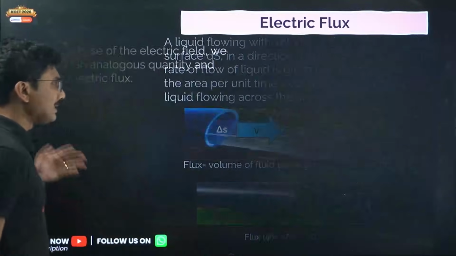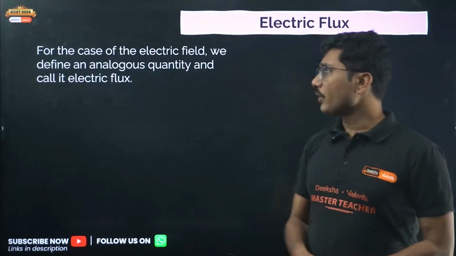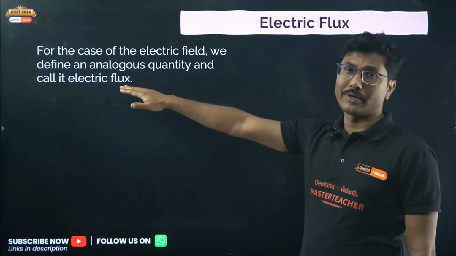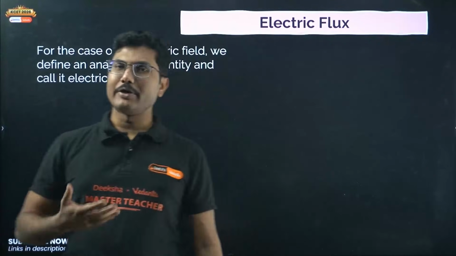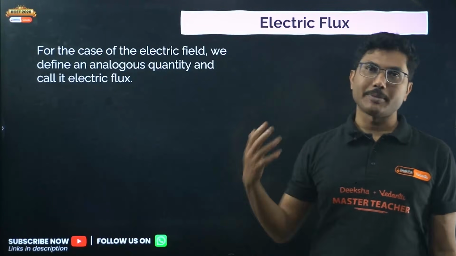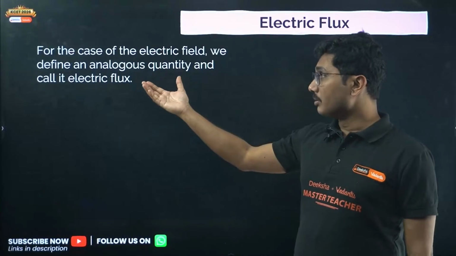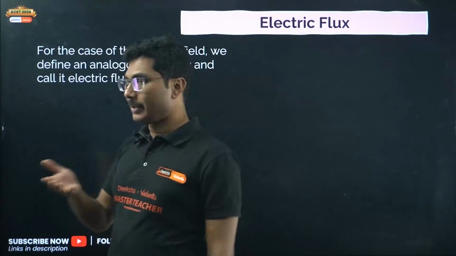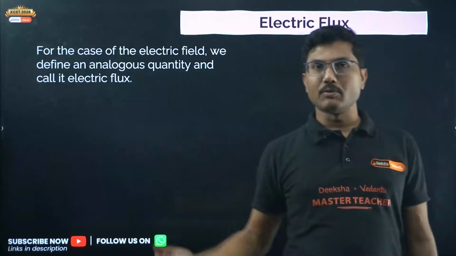Now if you replace this v with the electric field, you get electric flux. For the electric field, we define an analogous quantity and call it electric flux. Liquid flux is a real thing where you can measure the volume of liquid coming out, but the electric field is not a physical measurable quantity in that sense.